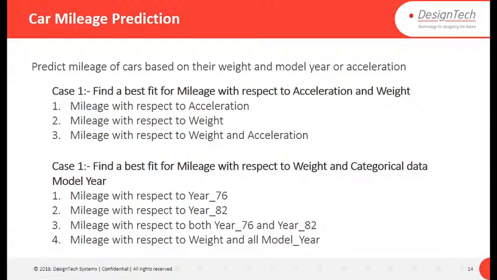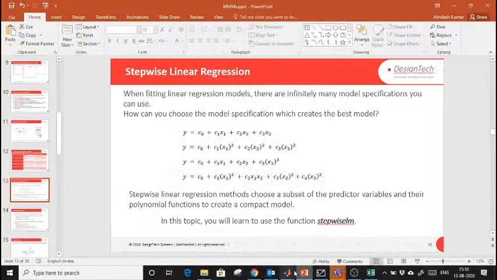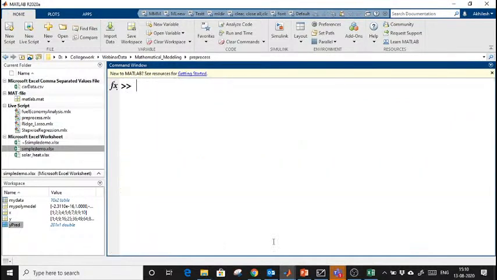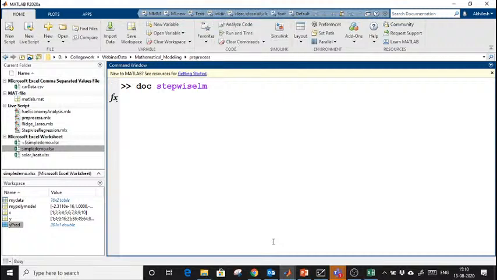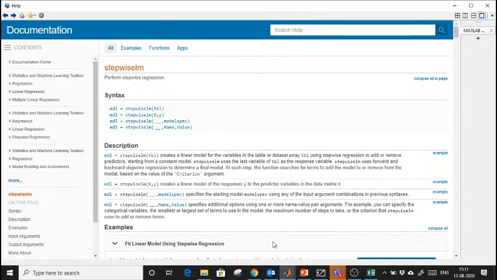So first of all, I am talking about this stepwise LM. Let's see what this is. This is a stepwise linear regression. If I open the doc for it, it will open a document. So it is a stepwise linear model, which means stepwise linear regression.